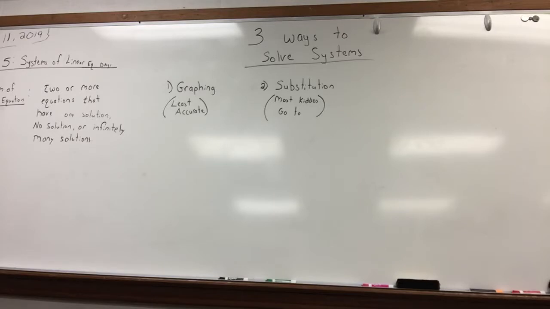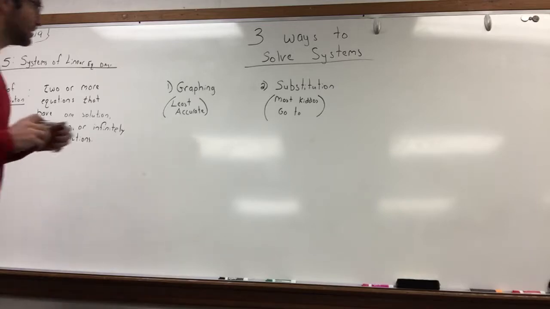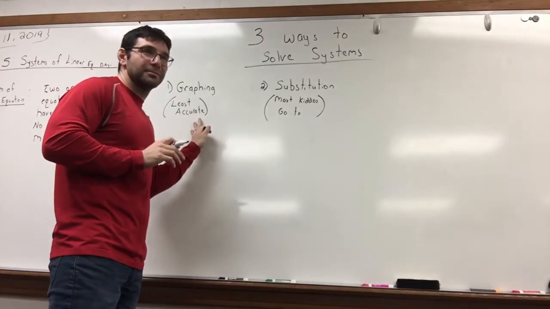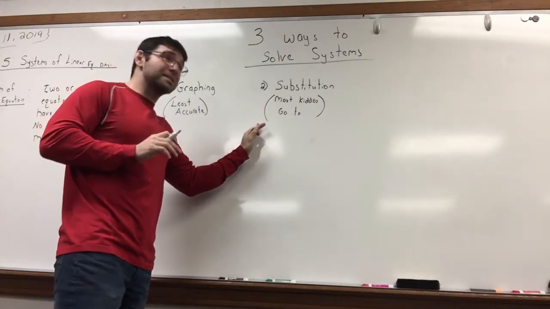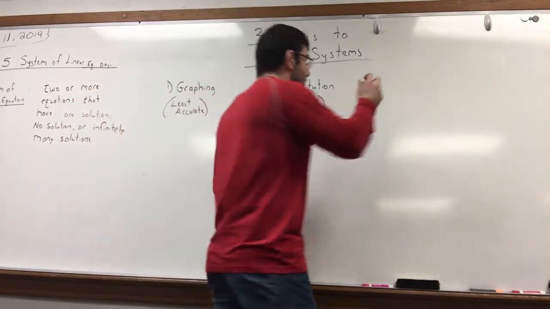Substitution involves a lot of math. So if you're good at basic math facts, adding and subtracting, multiplying, distributing, substitution is the way to go. Personally, I don't like graphing. I don't really like substitution, but it's easy for certain problems.